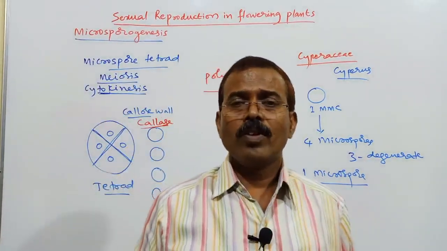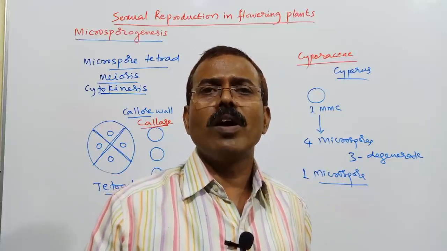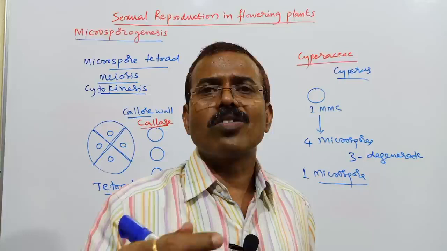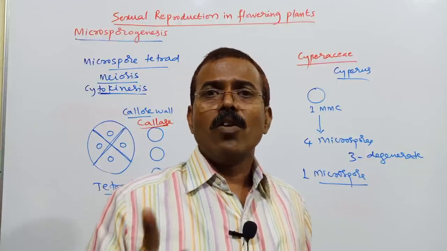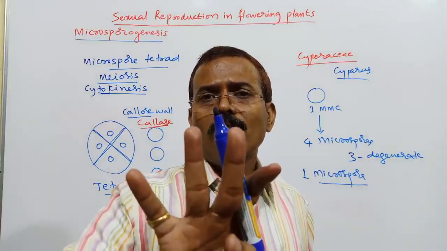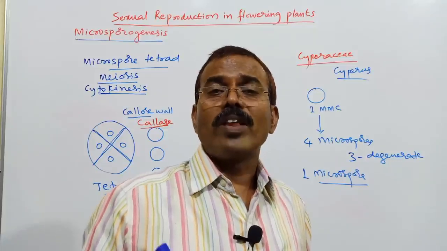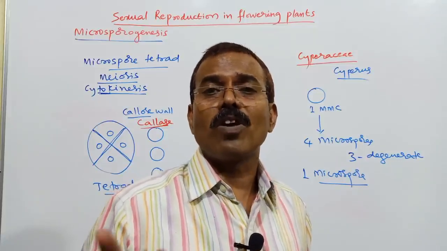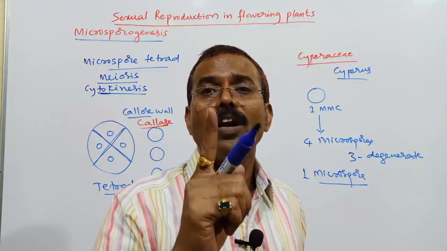Polyspory. When more than 4 microspores are produced from a microspore mother cell, you call it polyspory. Normally, from 1 microspore mother cell, 4 microspores are formed. But in this case, more than 4 microspores are produced from a single microspore mother cell, that we call polyspory.